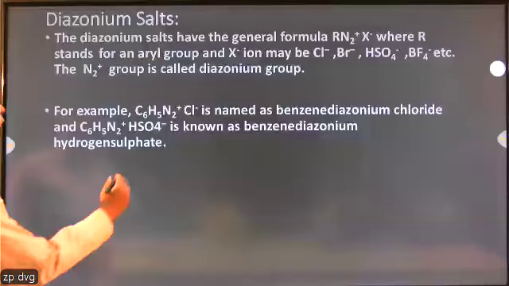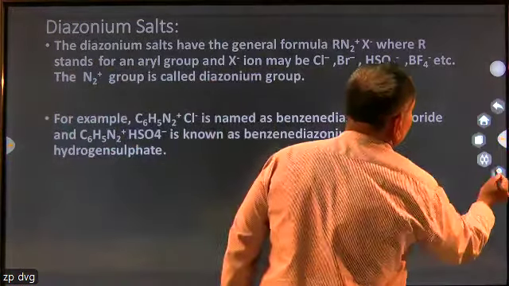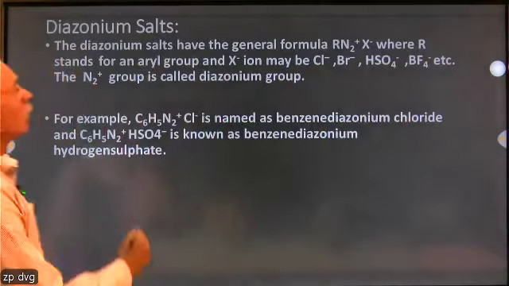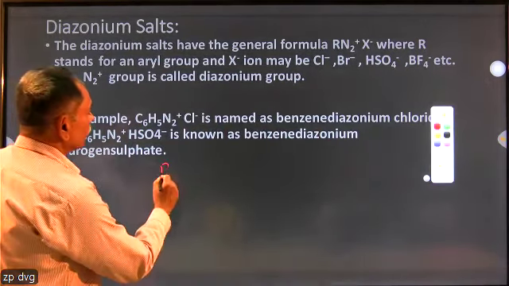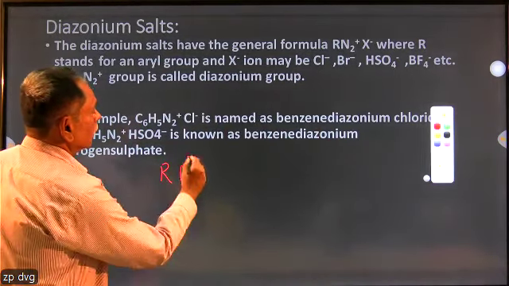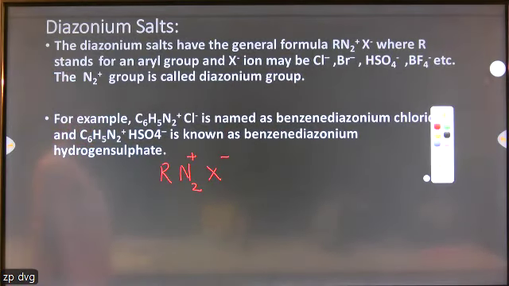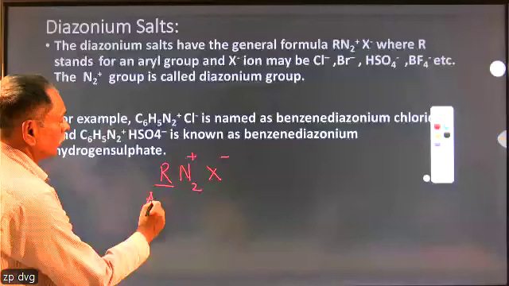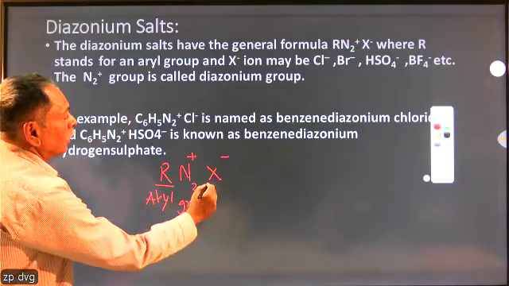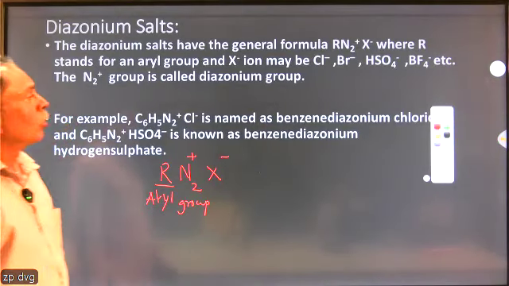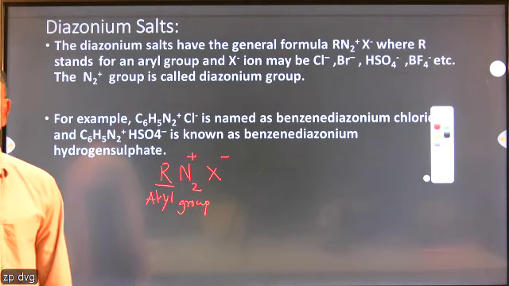Diazonium salts have the general formula RN2+ X−, where R is an alkyl group or aryl group, and X can be chlorine, bromine, HSO4−, or BF4−.